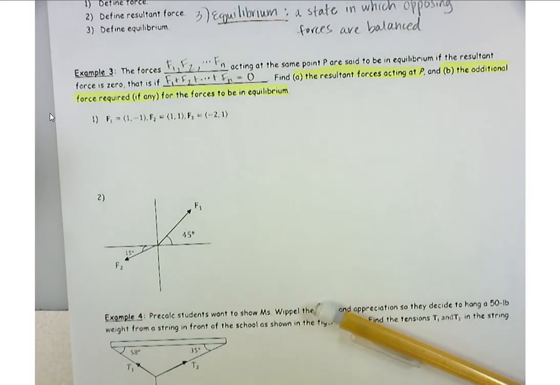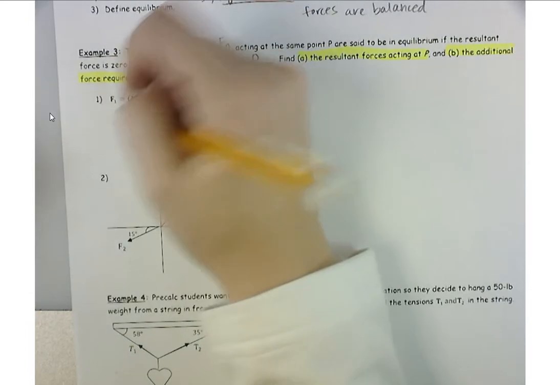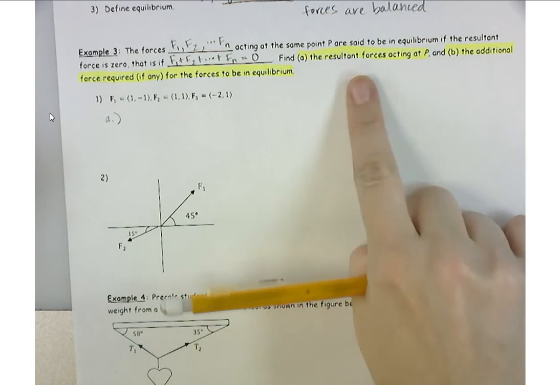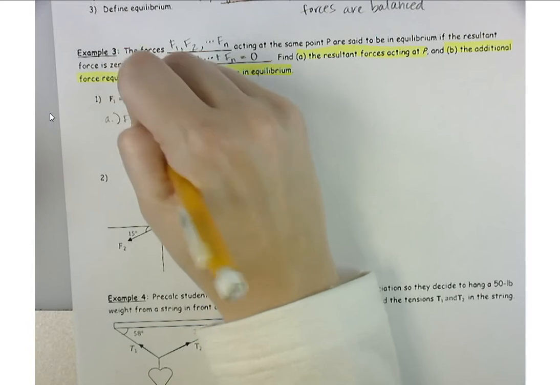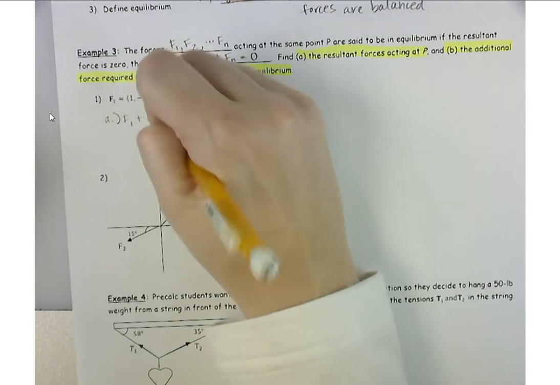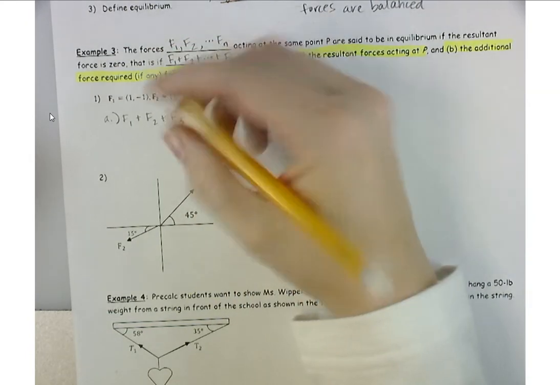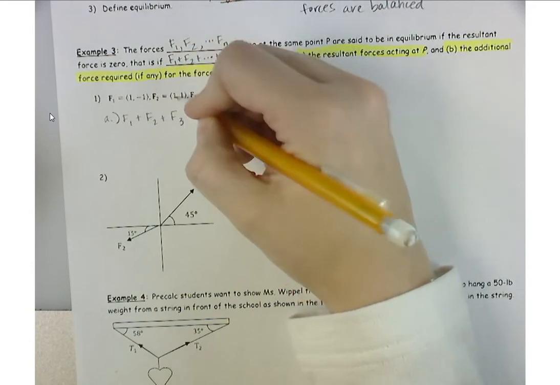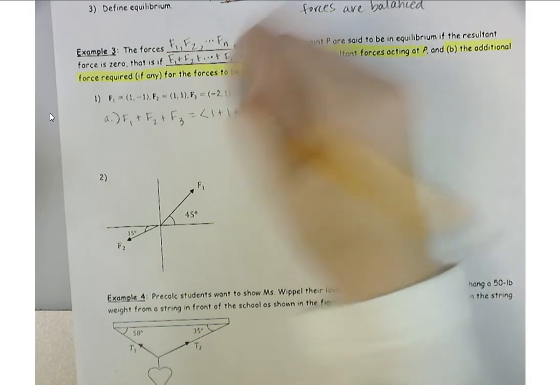Now the first one is pretty nice because they just give you the vectors. There isn't any work to find them. So when you're trying to do part A, when you're finding the resultant force, all you have to do is find the sum of those forces. So F sub 1 plus F sub 2 plus F sub 3. Okay, so if you're adding those together, F sub 1, the horizontal is 1, and then plus 1 for F sub 2, and then plus negative 2 for F sub 3.